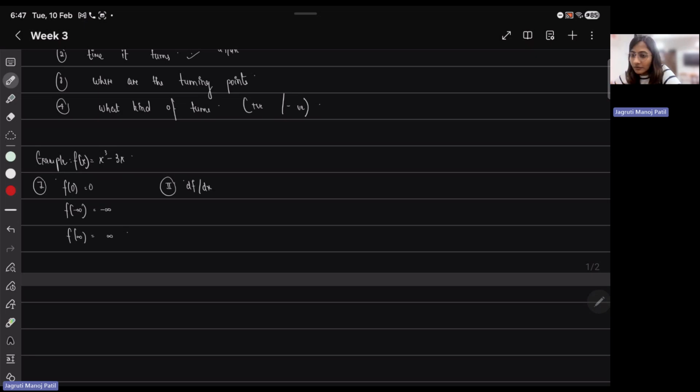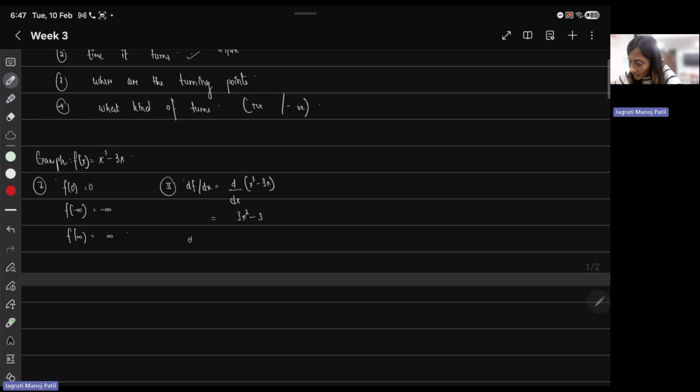So what is the derivative here? Think for a bit. You take the derivative, d by dx. Always have a habit to write it like this. It would be good for you whenever you are writing in exams, even in your college exams. So this is 3x square minus 3.